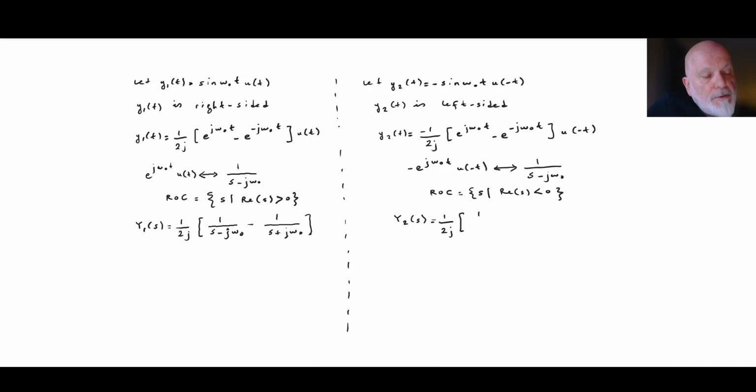So we have 1 over s minus j omega 0 minus 1 over s plus j omega 0.